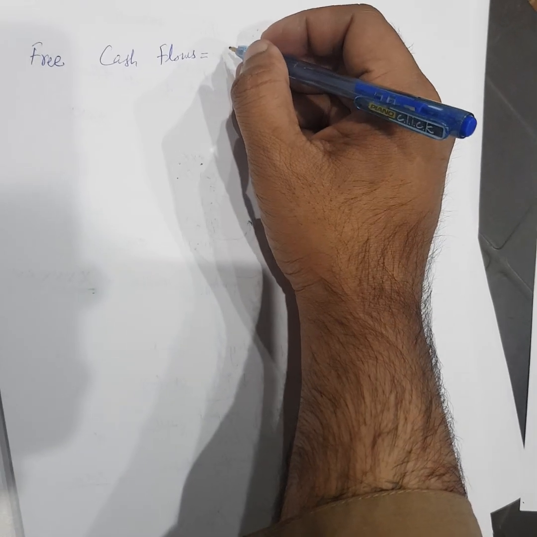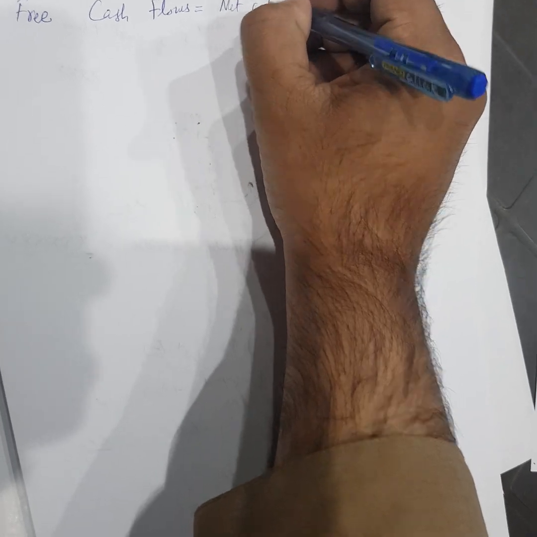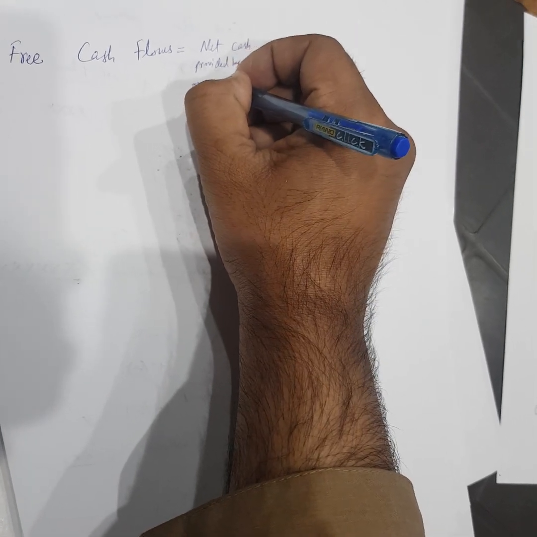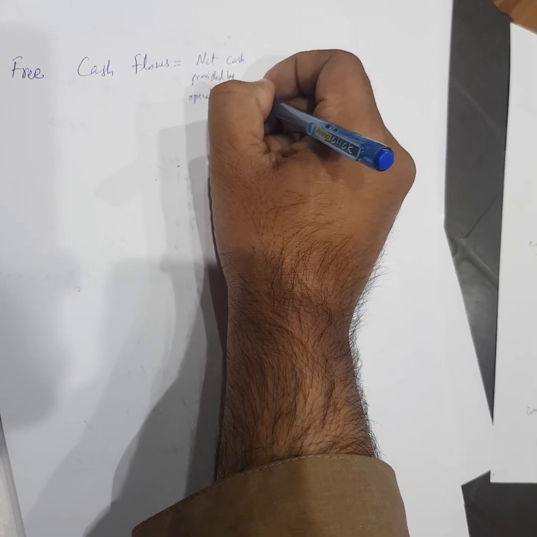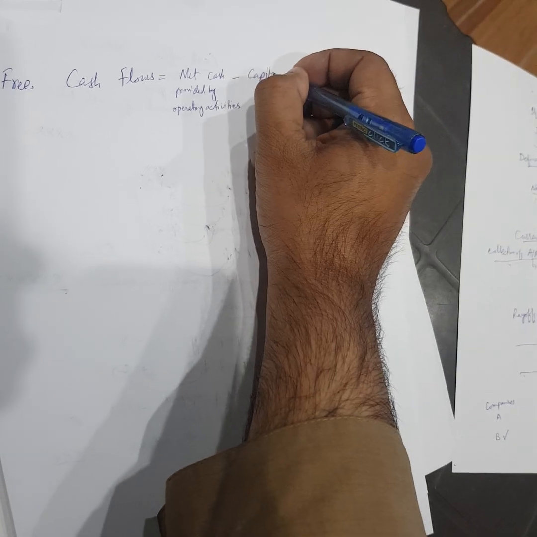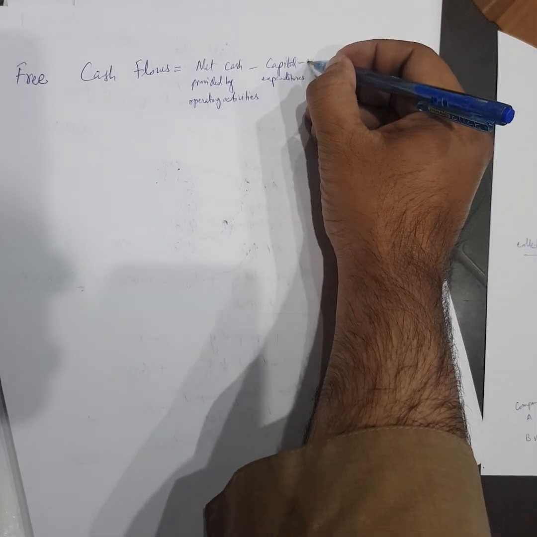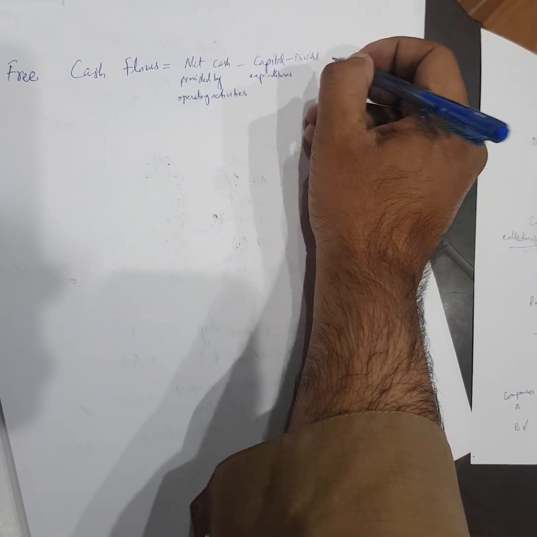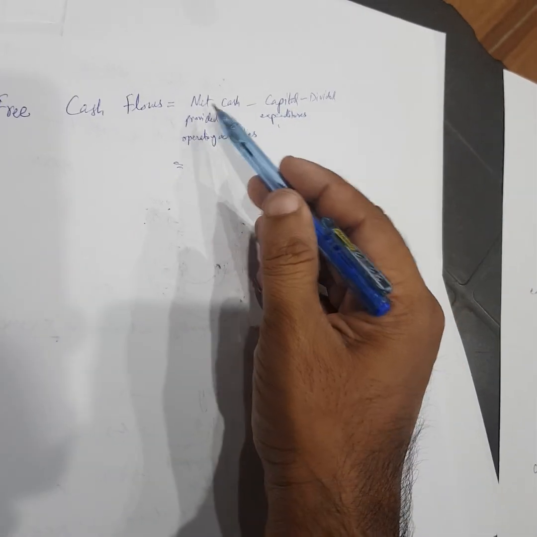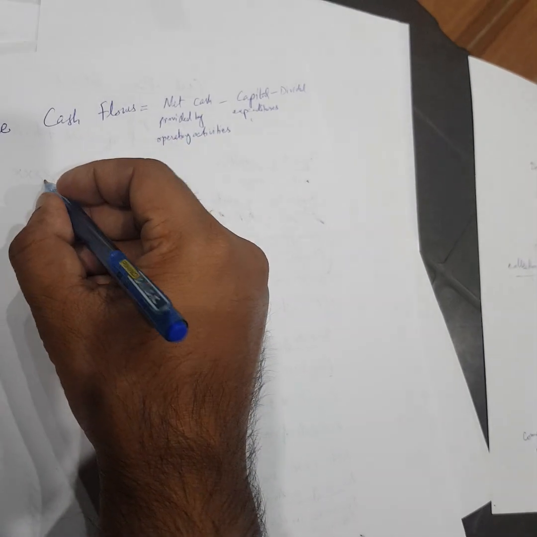Free cash flow is the combination of net cash provided by operating activities minus capital expenditures minus dividend. By subtracting the capital expenditures and dividend from the net cash provided by operating activities, we will be able to get free cash flow.